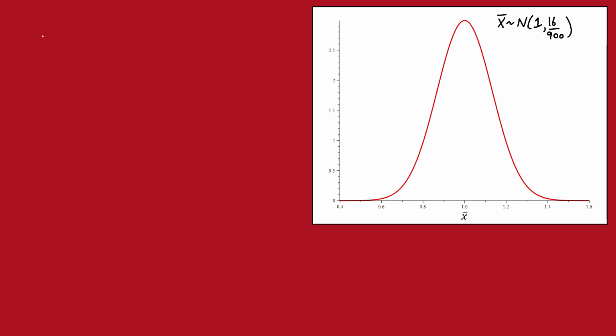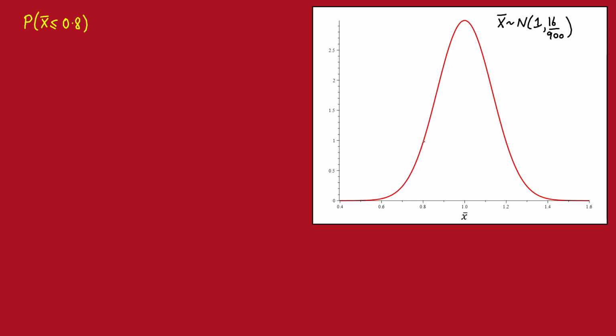So we know that the sample mean will be approximately normally distributed with expectation 1 and variance 16/900, but suppose that we wanted to calculate the probability of randomly observing a sample mean less than or equal to, let's say, 0.8. How would we go about doing this? Well, the first thing we can do is think about this diagrammatically.